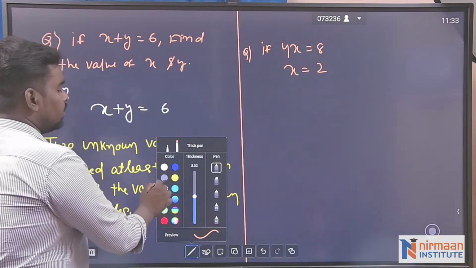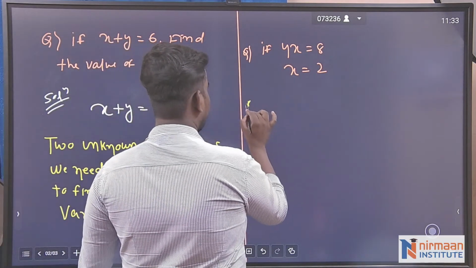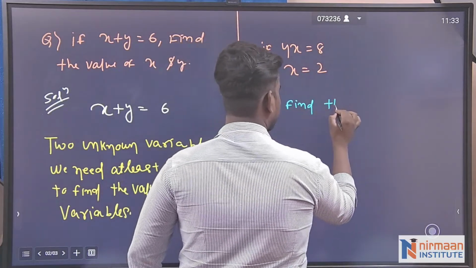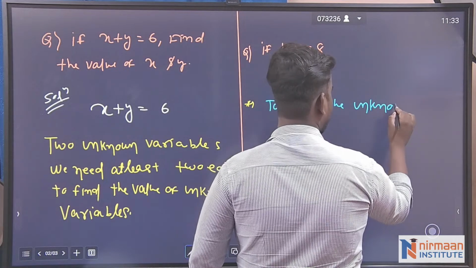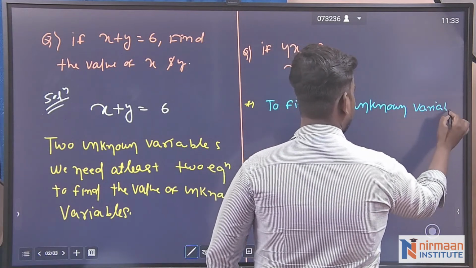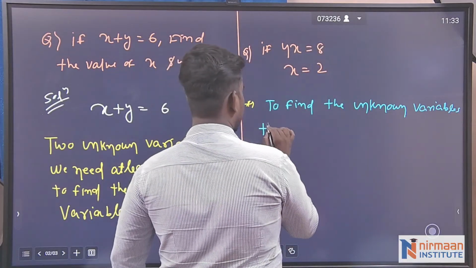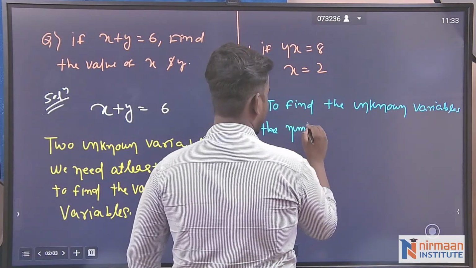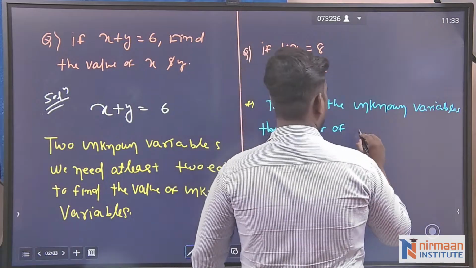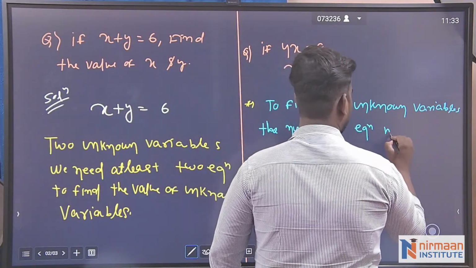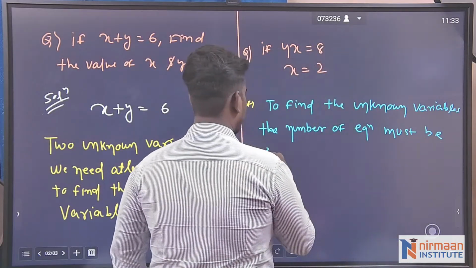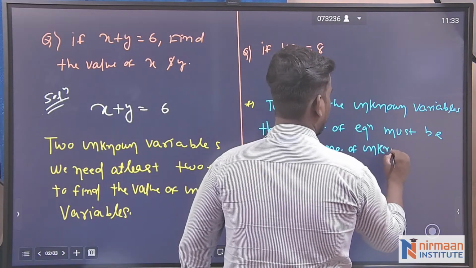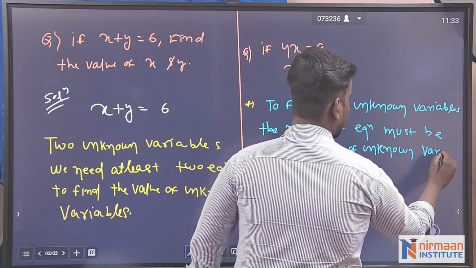So the main thing here: to find the unknown variables, the number of equations must be equal to the number of unknown variables, right?